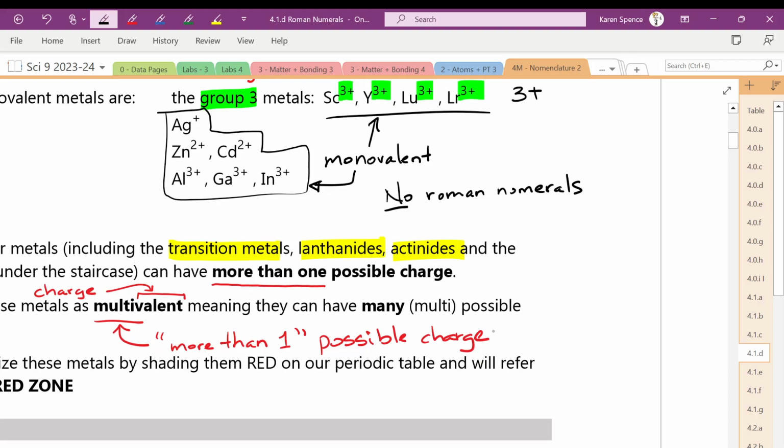And if they have more than one possible charge, where will you find them on the periodic table? Where will you find your multivalent metals? In the red zone.